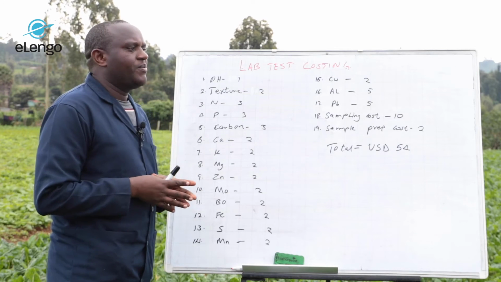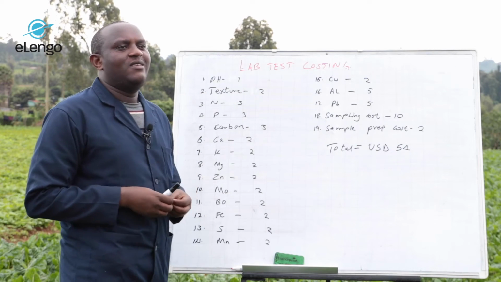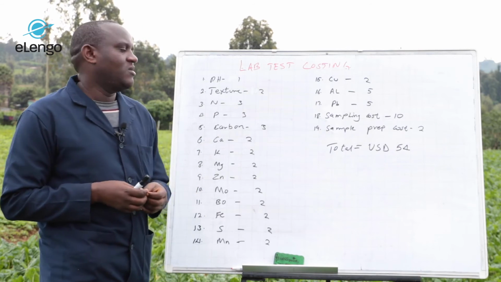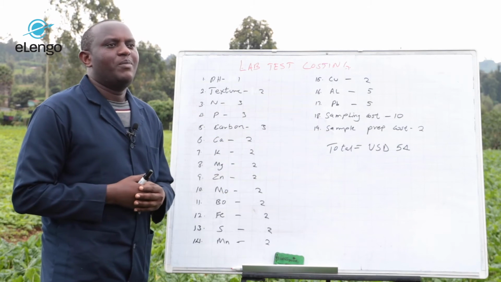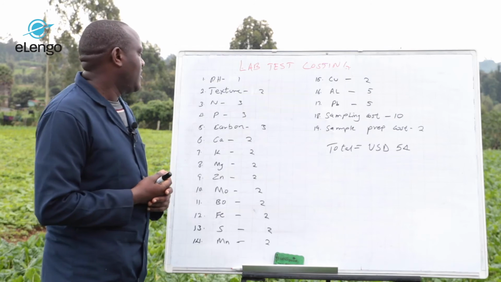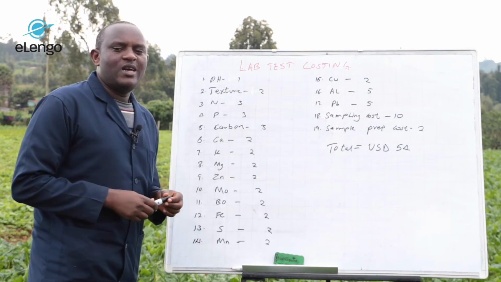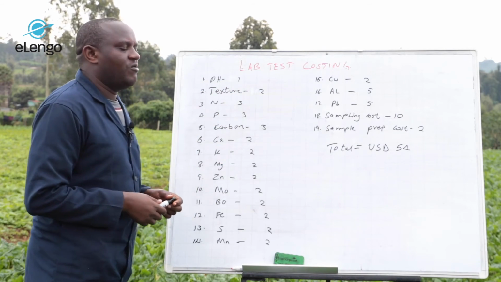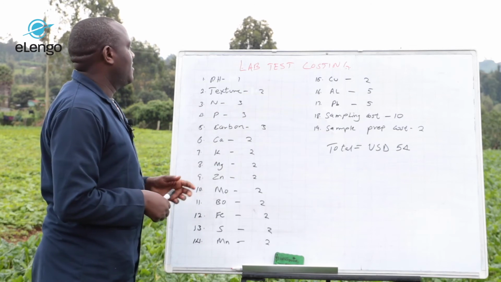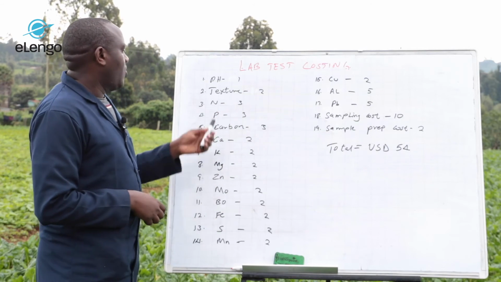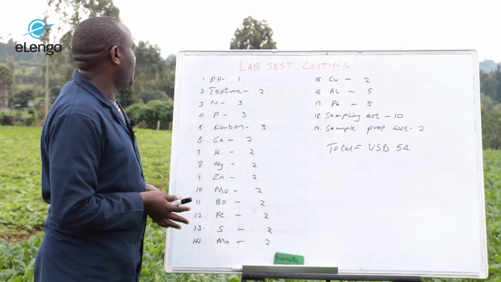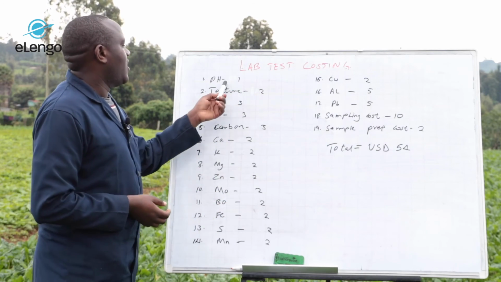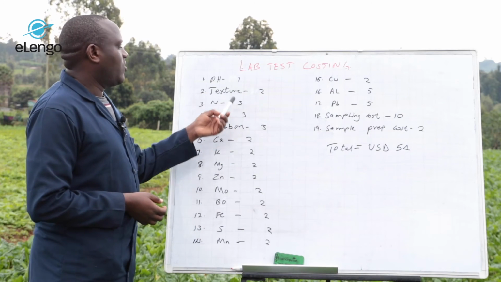And here, the wet analysis is most popular because it gives accurate results for most of the parameters that are to be tested. And to just get a sample of how the test is costed, we have here some of the parameters that are tested, and the costing is in dollars.